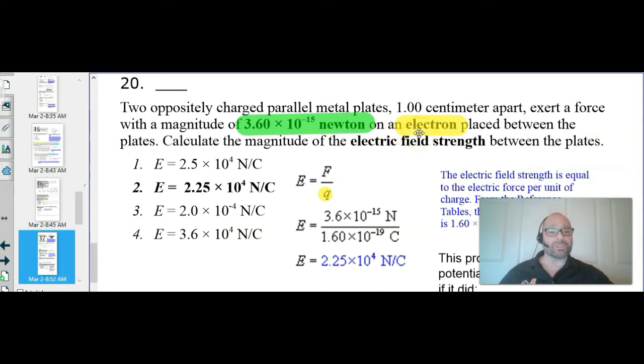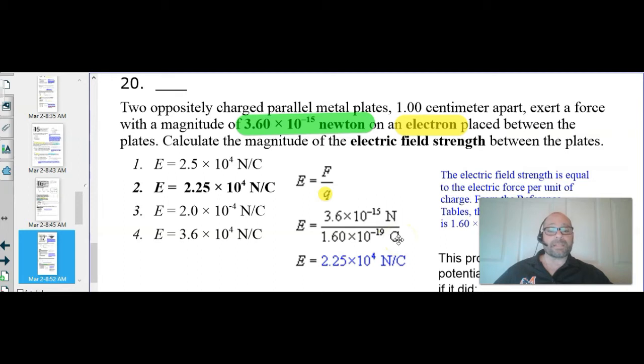The minute they use the word electron, you know that it has a Q value, and it's on the front page of the reference table if you forget. It's placed between the plates. Calculate the magnitude of the electric field strength between the plates. So E is F divided by Q. F was given as 3.6 times 10 to the negative 15, and the Q is 1.6 times 10 to the negative 19th of a coulomb.